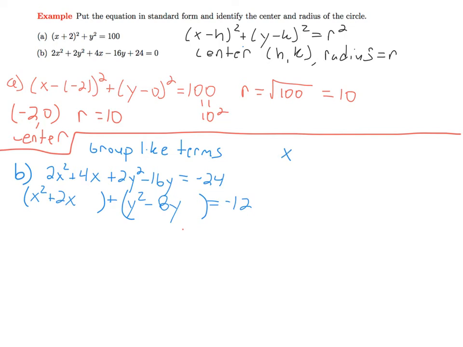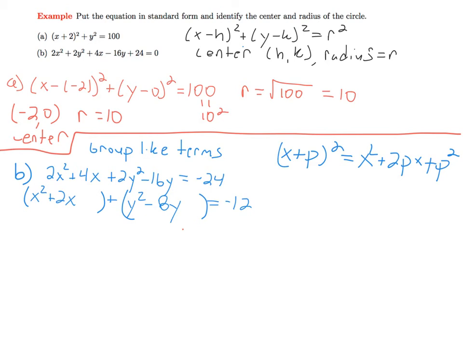So recall what we mean by a perfect square. Something such as (x plus p) squared, that's a perfect square. And that has a certain algebraic form, which is x squared plus 2px plus p squared. So we're going to want to recognize that form.